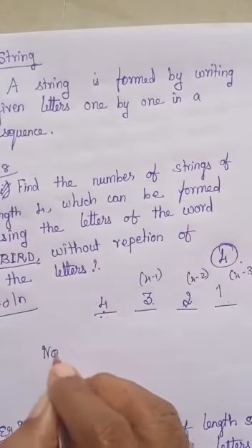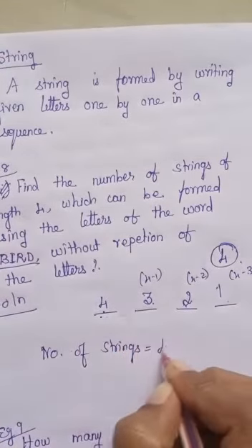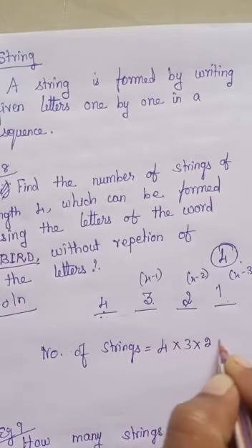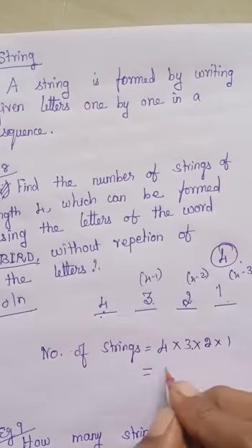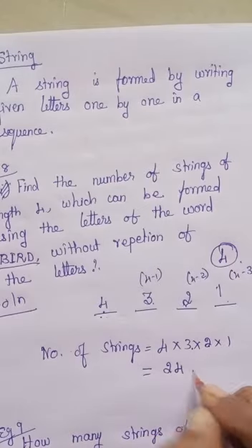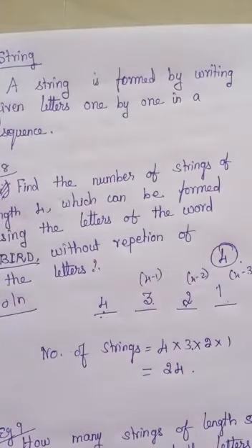Now you can write the number of strings is equal to 4 into 3 into 2 into 1. So 4 into 3 is 12, 12 into 2 is 24, 24 into 1 is 24. Is it clear? This is the number of strings.